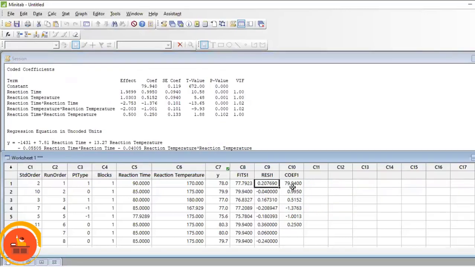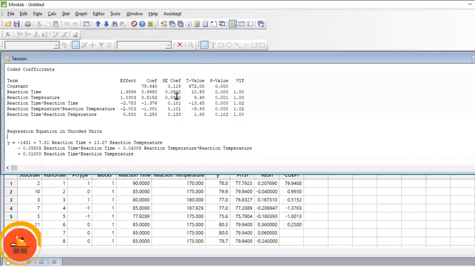In this worksheet, we are having the coefficients, these values you are able to see here. So actually this is a coded equation, and this one is an uncoded equation. So the same thing, instead of 79.94, we will take it as minus 1431. It just changes, it is coded, it is uncoded. So both the things are going to be represented here.